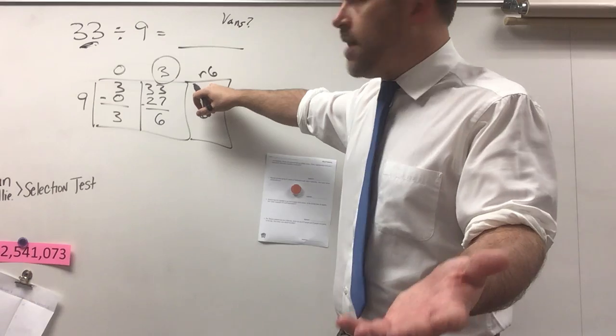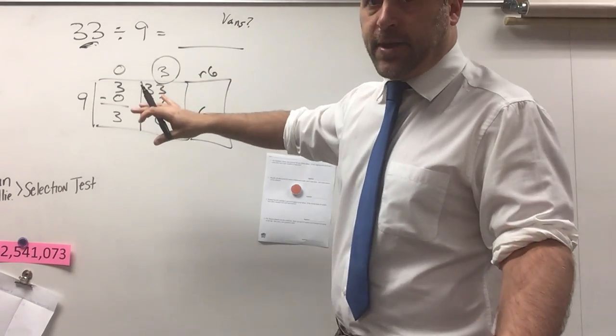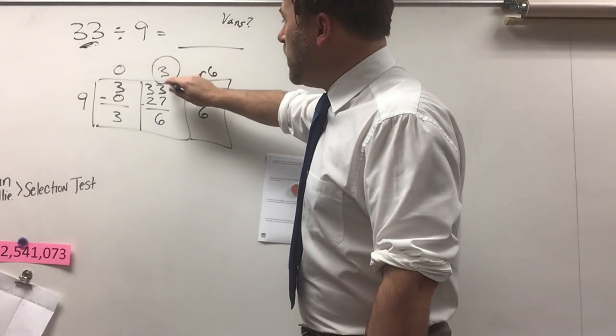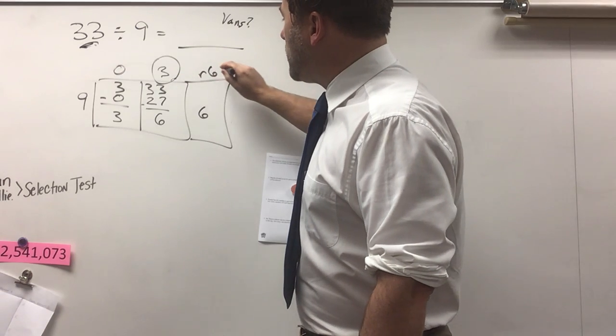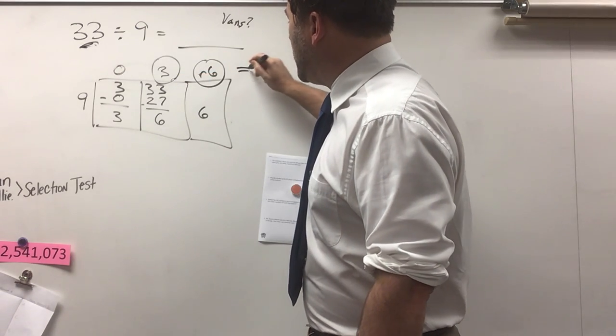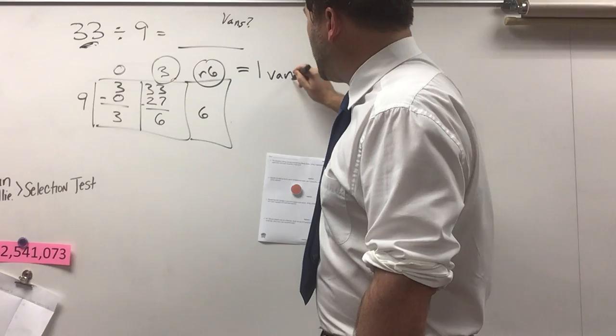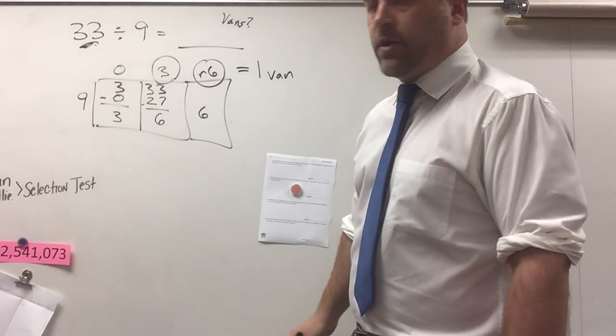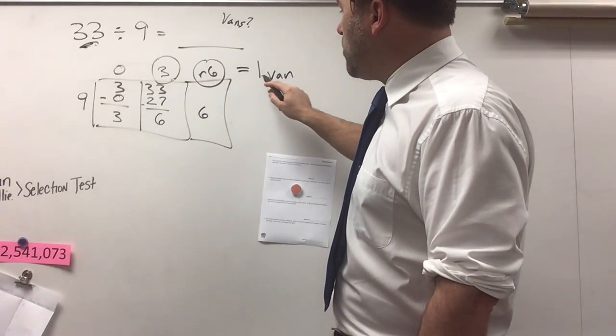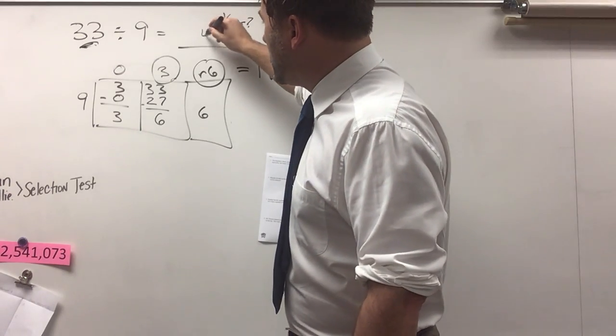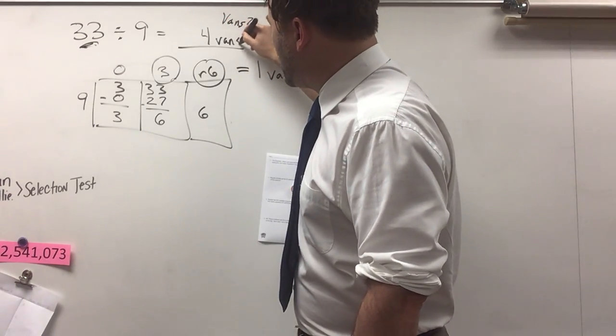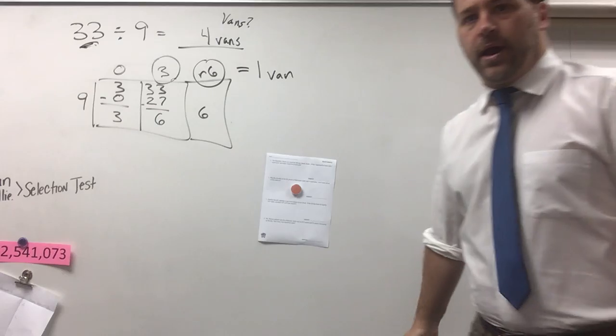So this is one of those times where the answer is definitely not the answer. We need 3 vans, but don't these people need a van as well? So we need 3 here, we need 1 more here. Got it?